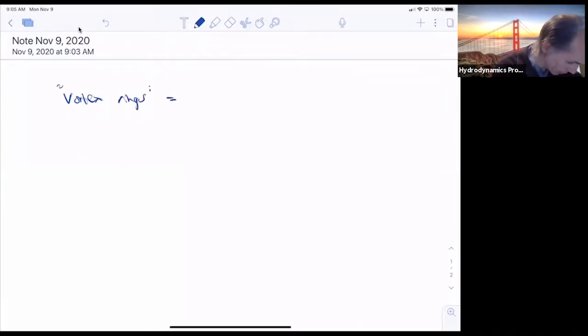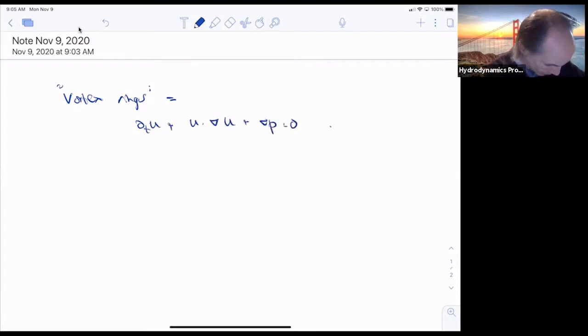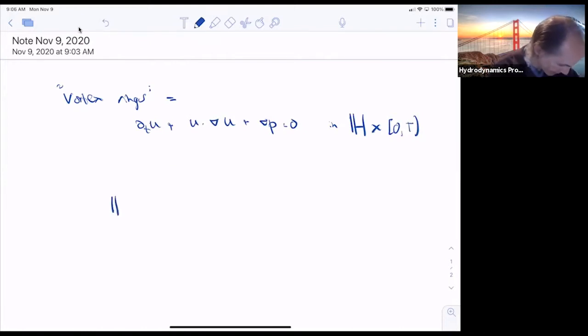For me, it is the Euler equations in a half plane, with the funny, so here H is the set of (r, z) where r is positive.